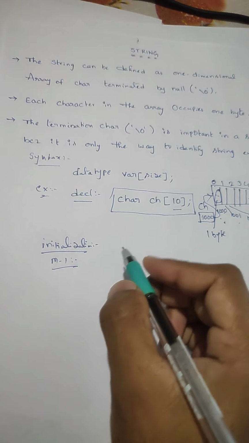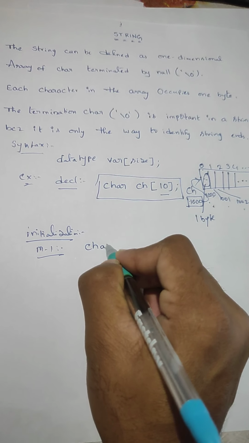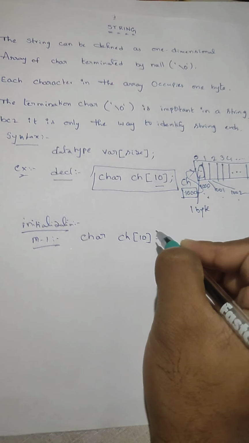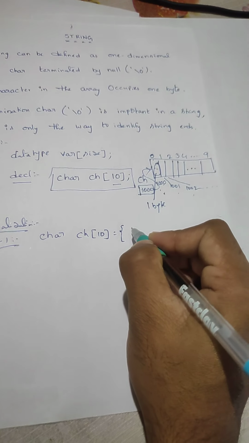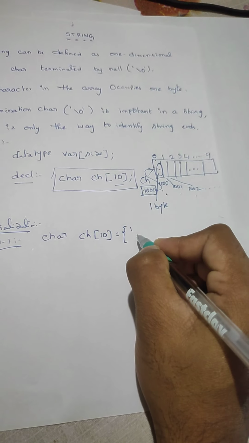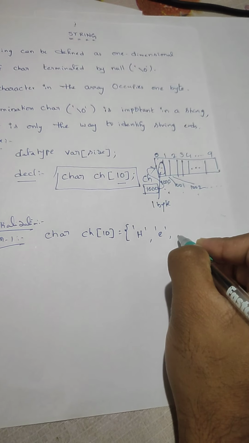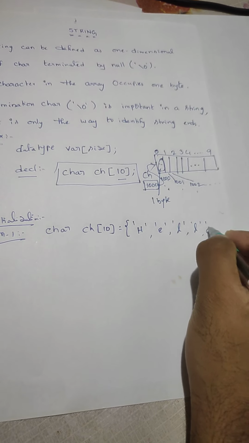Method 1: char ch of 10 is equal to, storing the values individually, h, e, l, l, o.